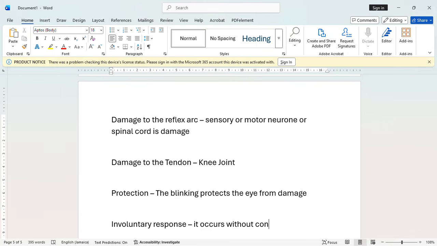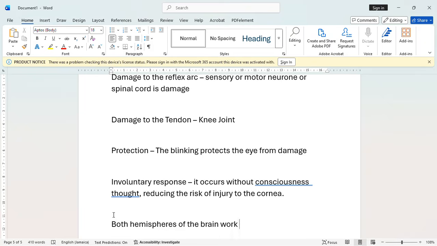Both hemispheres of the brain work together for creativity, sorry, and artistic ability. Not true.